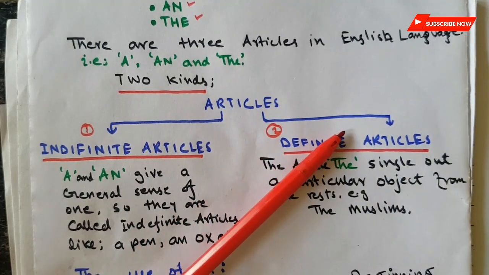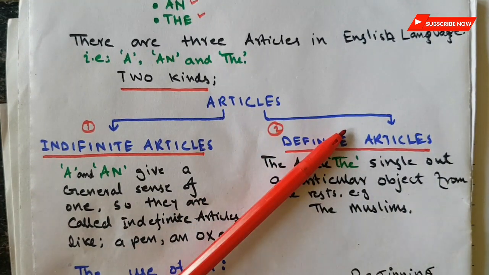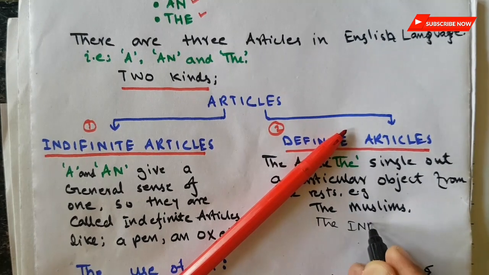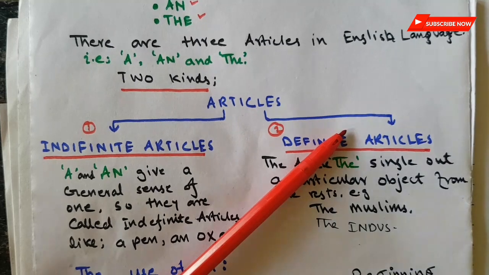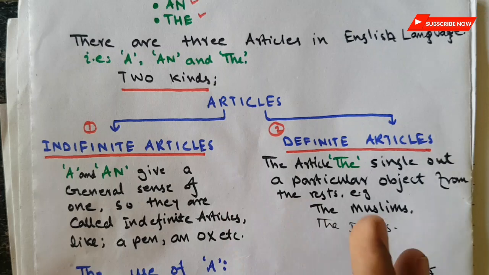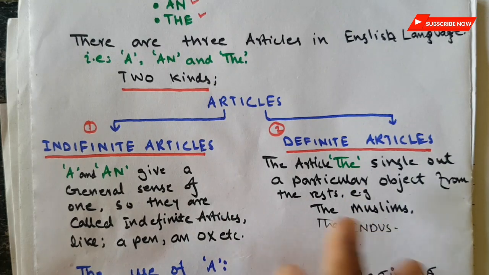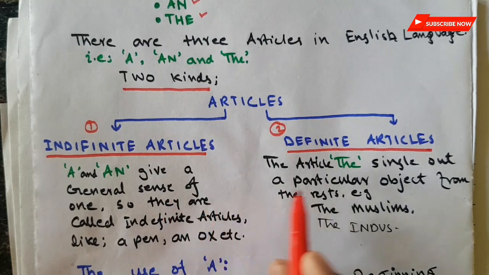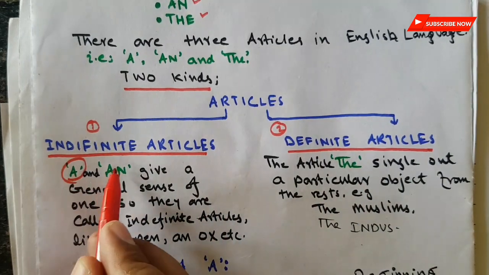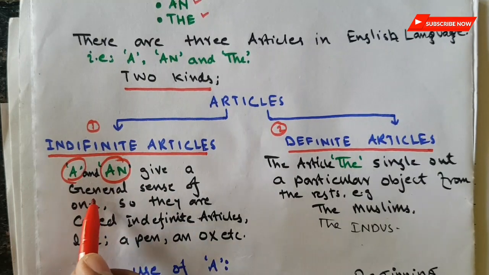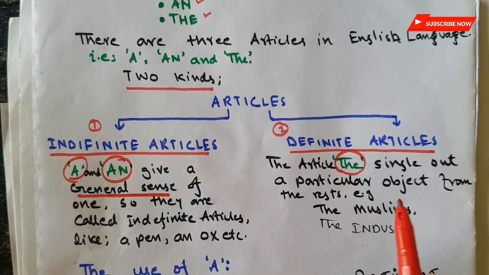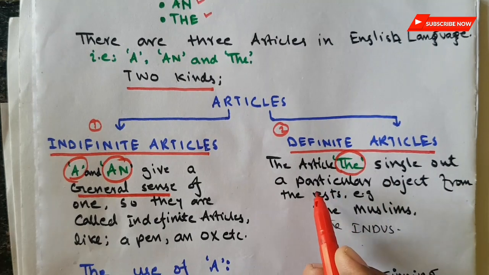A similar example, can you watch and listen? I will write here also the Andes, and so on. You can learn the examples after reading this whole passage. So we have clearly mentioned here that A and AN give a general sense, while the article THE gives us a particular sense.